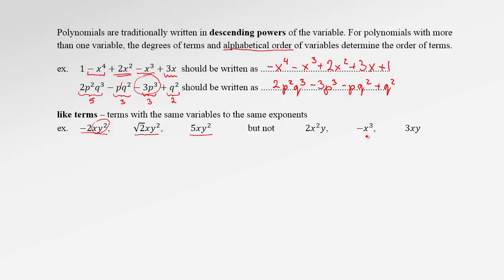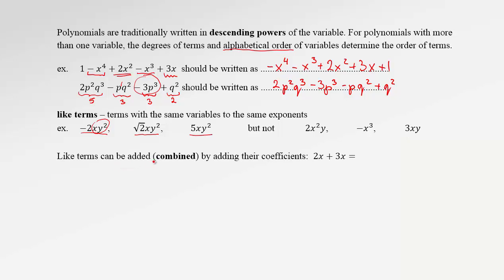Similarly, this term is unlike any of those three, even though we have the same degree. It's a third degree term, and here we had third degree terms, but we have only one variable. There is no y. And also the last term is unlike any of those three, because again we don't have the same exponents. The y is to the first degree, not to the second.